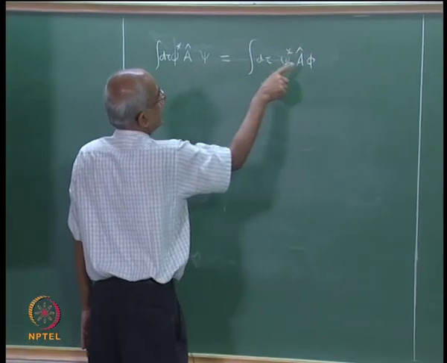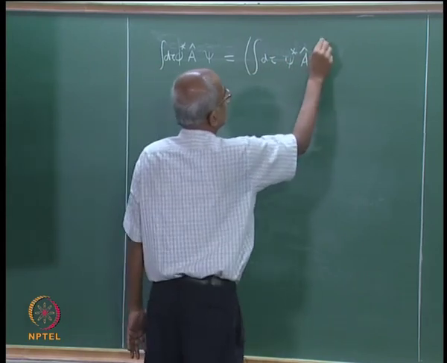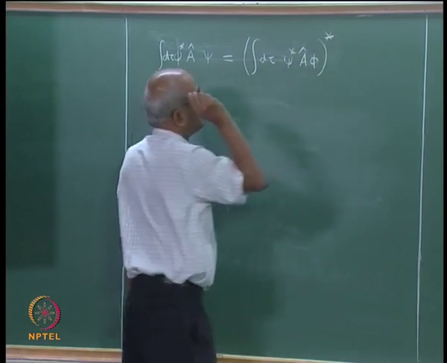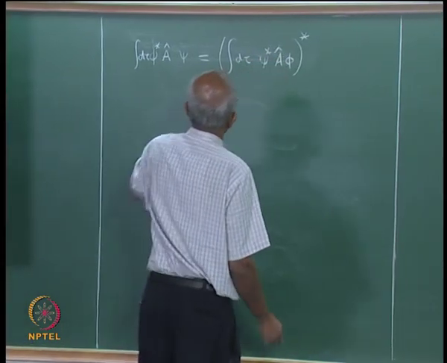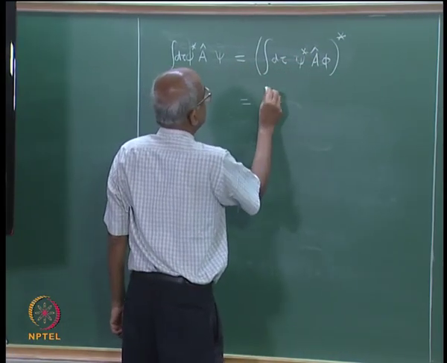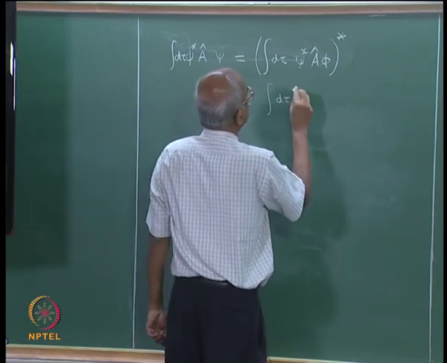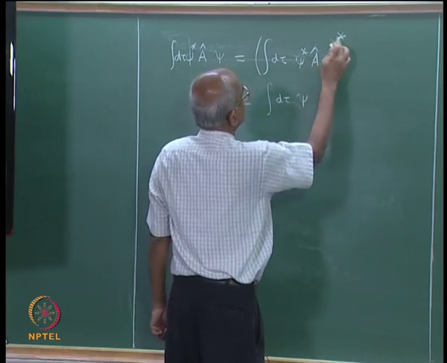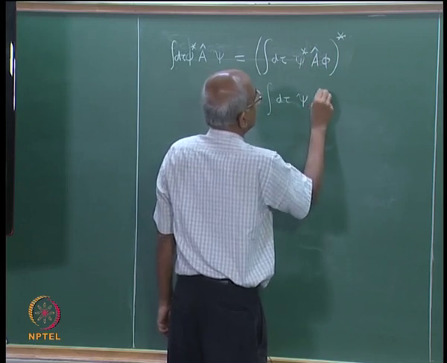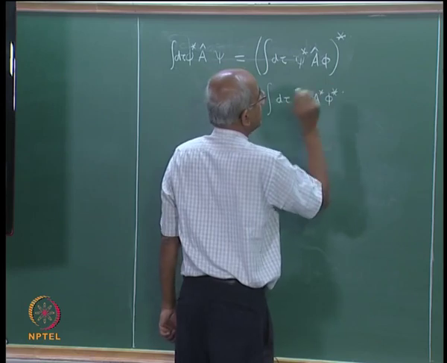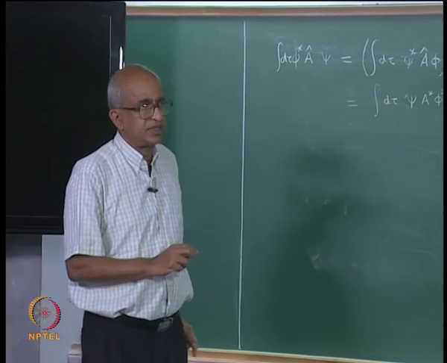You allow A to operate upon phi, multiply by psi star, integrate over the entire space and then take the complex conjugate. In fact, if you took this complex conjugation inside, this star and that star will make it just psi, then you will get A star phi star. This is what will happen if you took the star operation inside.